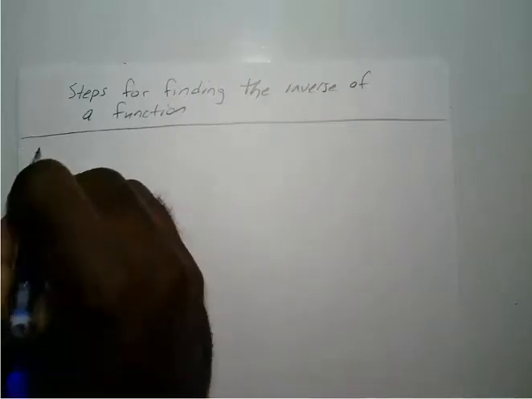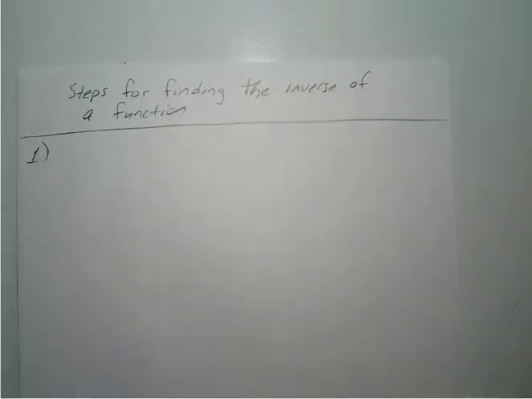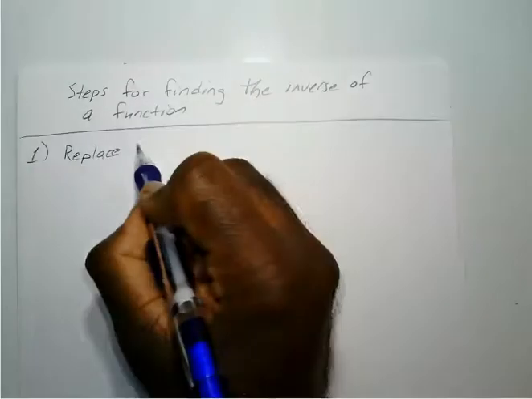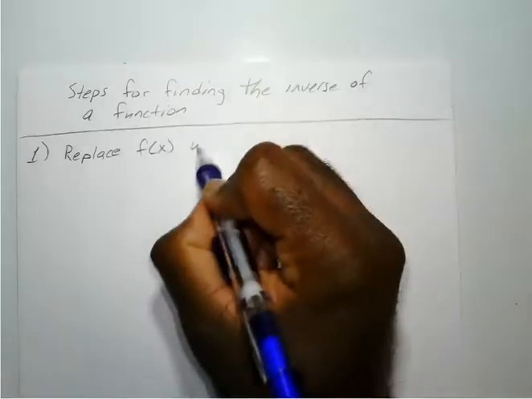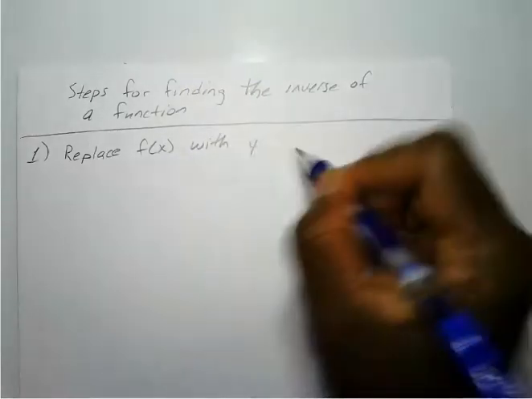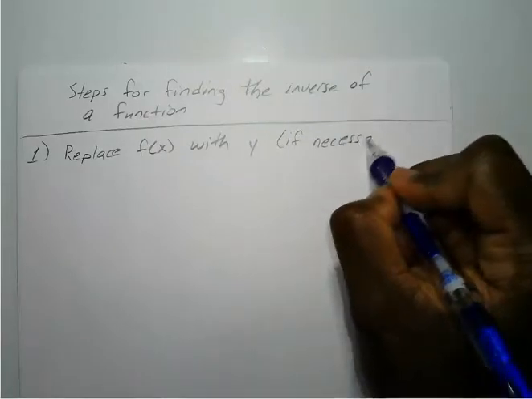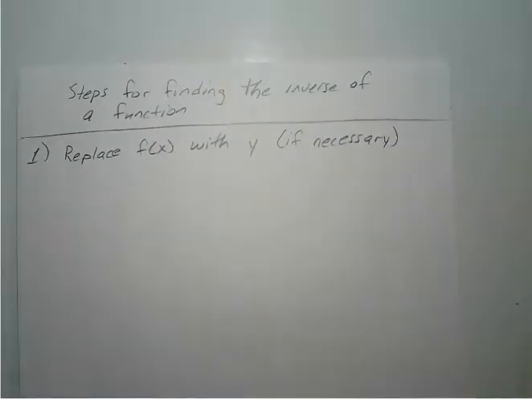Okay, so step 1, replace f of x with y. That's only if necessary. Okay, that just means that if it's already a y, you can skip step 1.